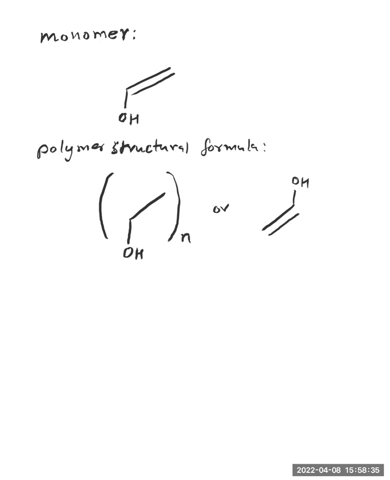Just to indicate that this is connected to adjacent repeat units, I'm going to draw bonds coming out of each of the carbon atoms. I do the same thing here: get rid of that double bond, keep the single bond, and say that this is repeated n times, drawing bonds coming out of it.